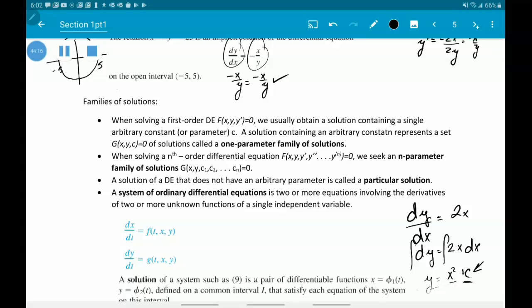But if you think about what this looks like, thinking way back to pre-calc, this is a family of quadratics. So it could be a quadratic that goes through 0, or it could be a quadratic that's shifted up. That plus C on the end is just shifting this graph up or shifting this graph down. So you're getting this whole family of curves where they all look alike. They are just positioned at different places along the y-axis.